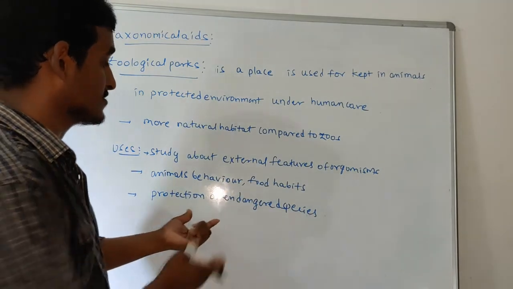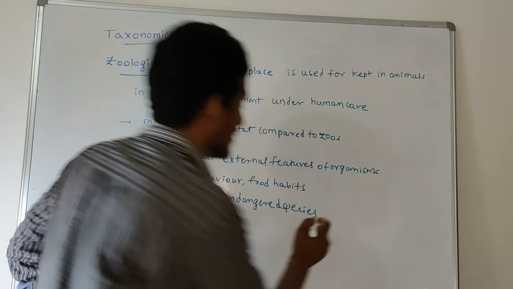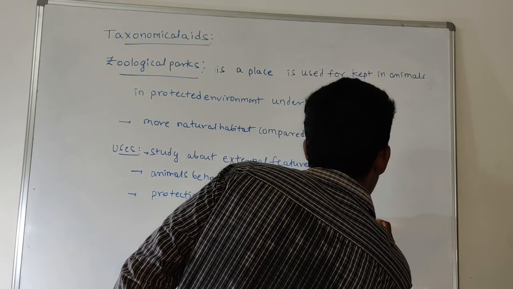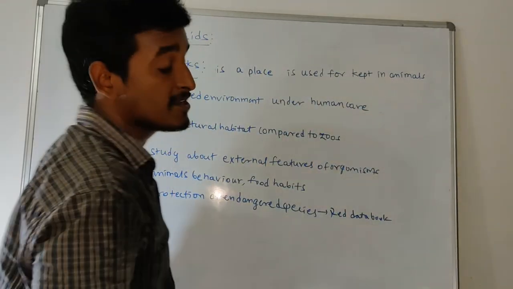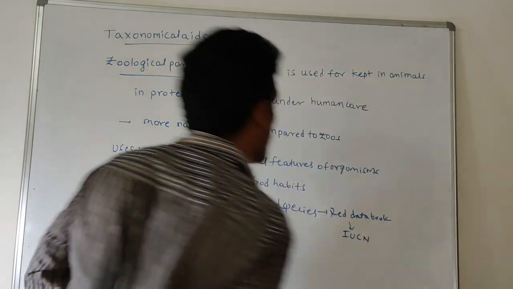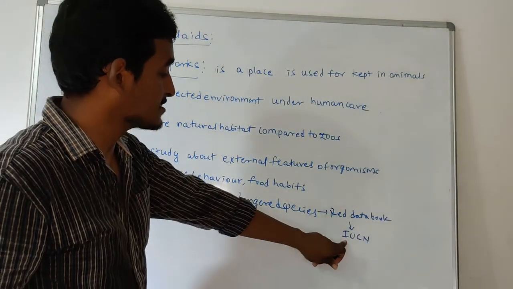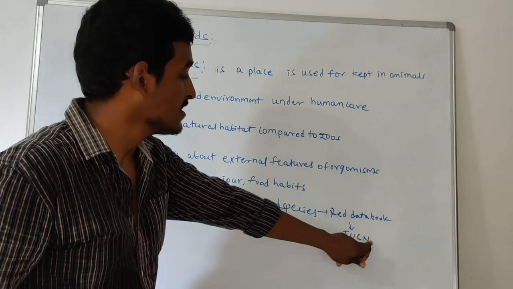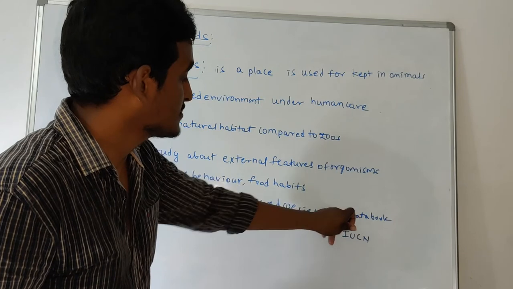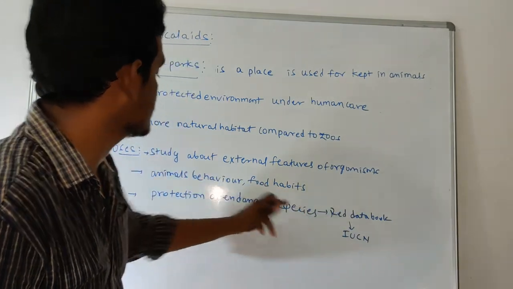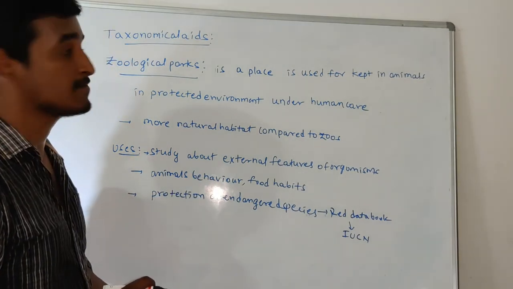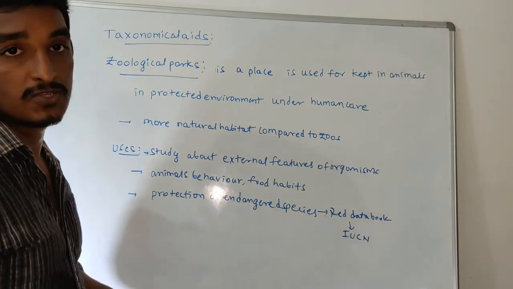Details of endangered species are in the Red Data Book, published by IUCN, the International Union for Conservation of Nature and Natural Resources. That is the main purpose of zoological parks.